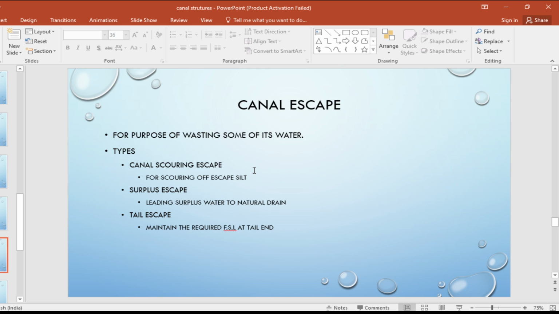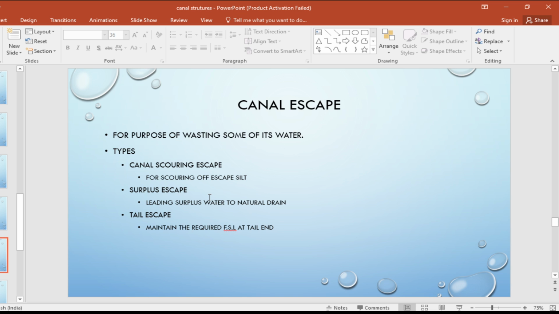The capacity of the escape channel should not be less than 50% of the capacity of the parent channel at that point. Second, the canal surplus escape may be of weir type with the crest of weir wall at FSL of the parent canal bed level.